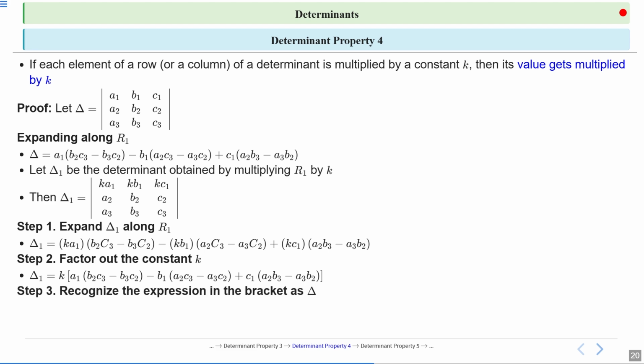The expression in the bracket is exactly the same as the determinant of a1, b1, c1, a2, b2, c2, a3, b3, c3. So the determinant obtained when we multiply R1 by k is equal to k into the determinant of a1, b1, c1, a2, b2, c2, a3, b3, c3. So according to property 4, when we multiply each element of a row or column by a constant k, the value gets multiplied by k.